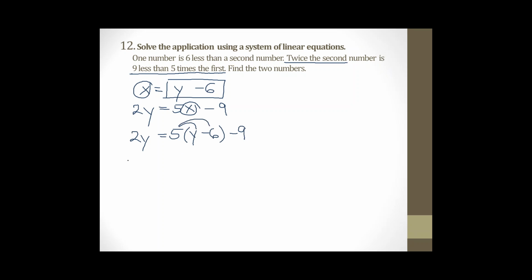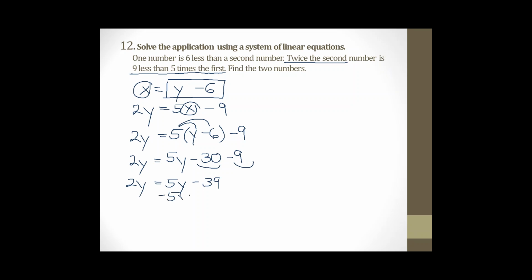Distributing, so 2y is equal to 5y minus 30 and minus 9. Now combining like terms, these are my two like terms. So I have 2y is equal to 5y and then minus 39.